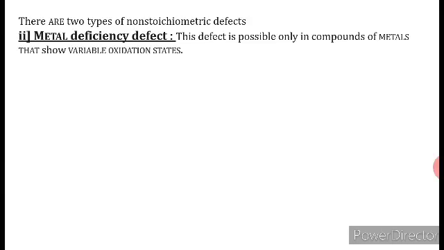For example, copper has two oxidation states, Cu2+ and Cu+, cupric ion and cuprous ion. So suppose a crystal is generated by cuprous ions and one cuprous ion is missing from its lattice point. So somewhere else in the lattice a position is occupied by a cupric ion, Cu2+, so that the electrical neutrality of the crystal is maintained.